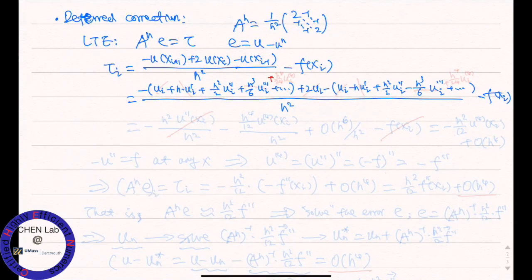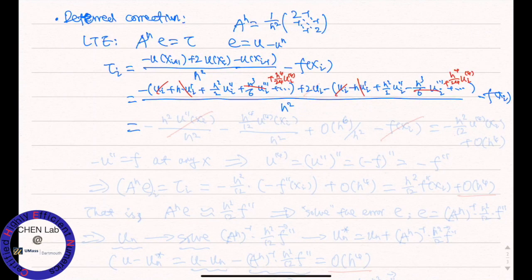This is going to be a h to the fourth over 24 u to the fourth derivative at xi, and here is a h to the fourth over 24 u to the fourth derivative at xi, and we see that the odd terms cancel, so this cancels with this, and this cancels with this.